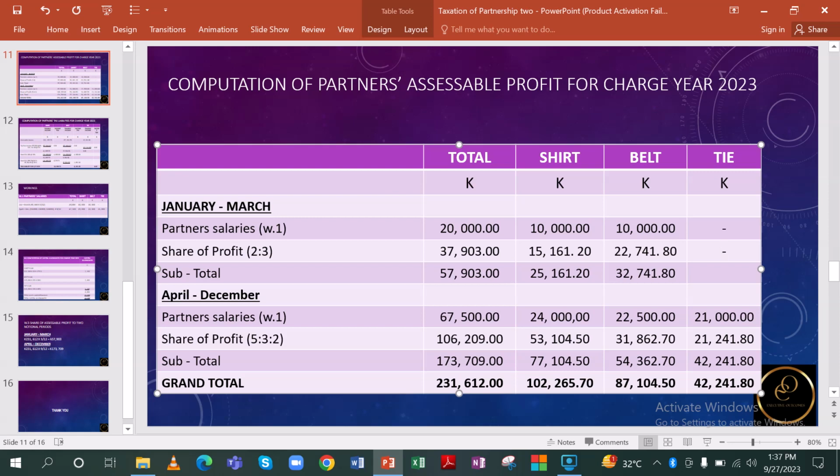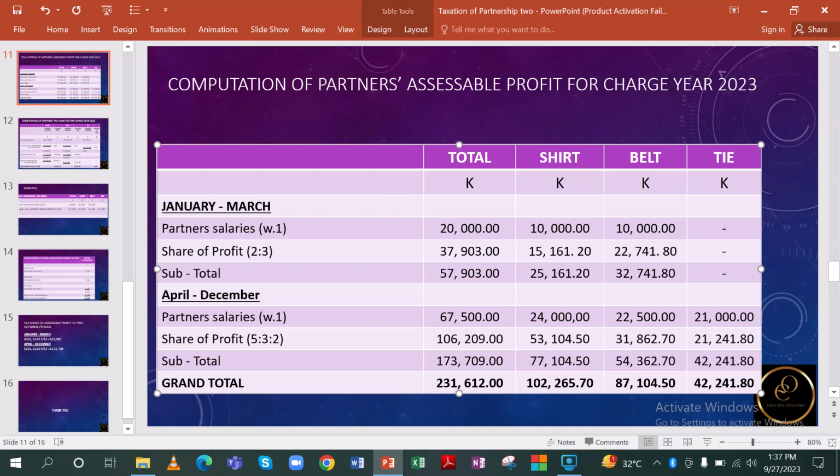Then we go to Belt. Equally, we add the two figures, 10,000 to 22,741 8 ngwe. We are going to get 32,741 kwacha 8 ngwe, being what Belt received during the first notional period running from January to March. Ty was not in the picture by then, so we put dash there, and again here dash.